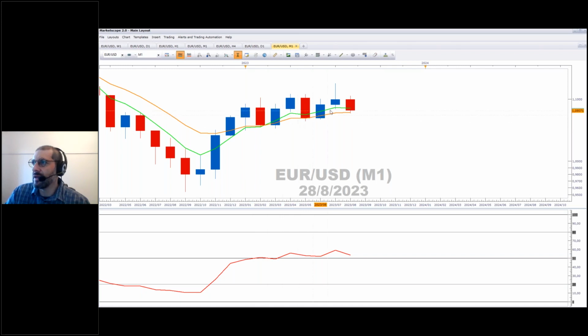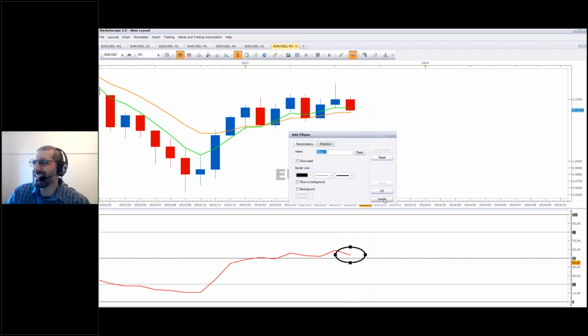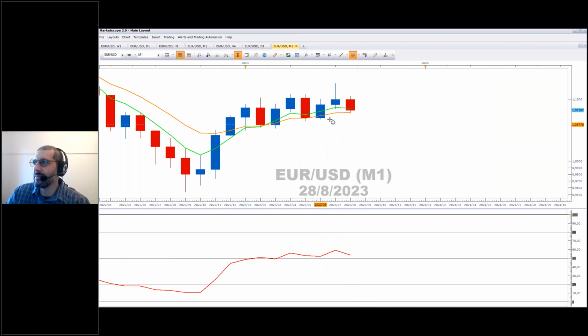We have got the green on top of the orange, but look how it's starting to really flatten out there, starting to converge on one another. If you take a look at the RSI, it's right near 50. So there's just no real momentum at the moment.